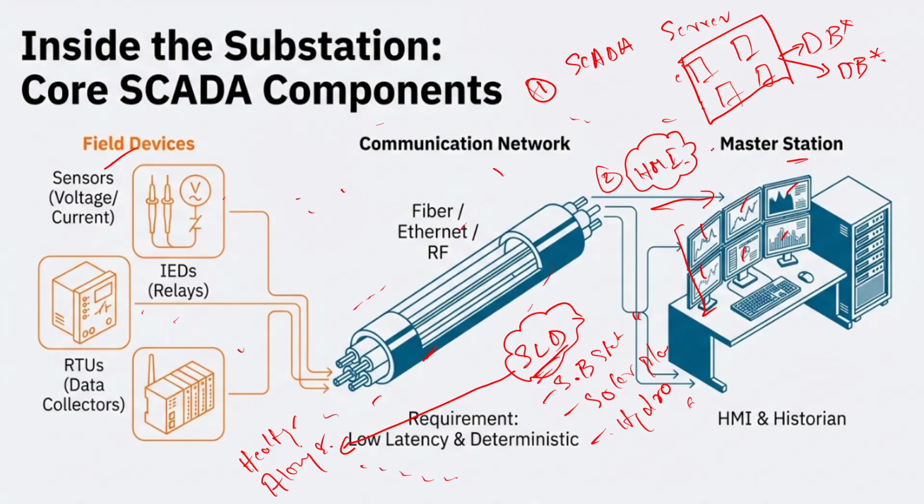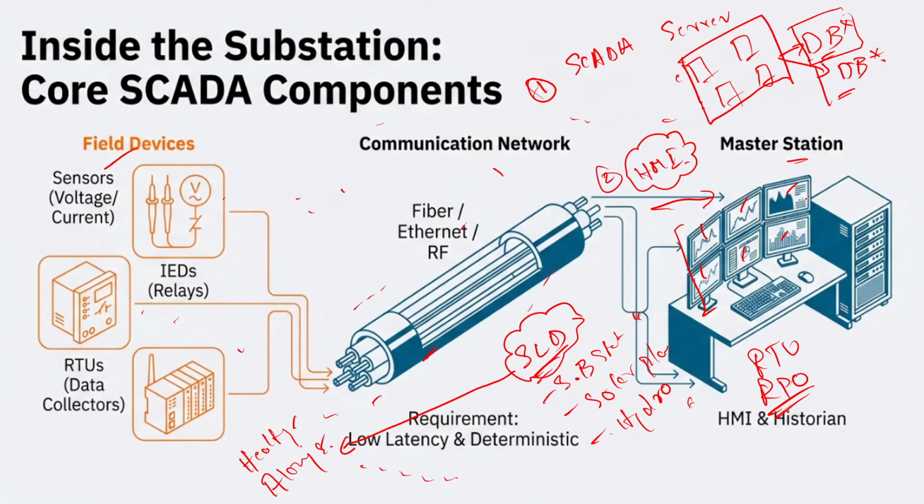And as we talk about the database, the historical data: every minute we are collecting data from the RTUs and IEDs. The data will be stored, and we also have to ensure that this data can be retained for a longer time. There is also a concept called RTO and RPO, the recovery time objective and recovery point objective.